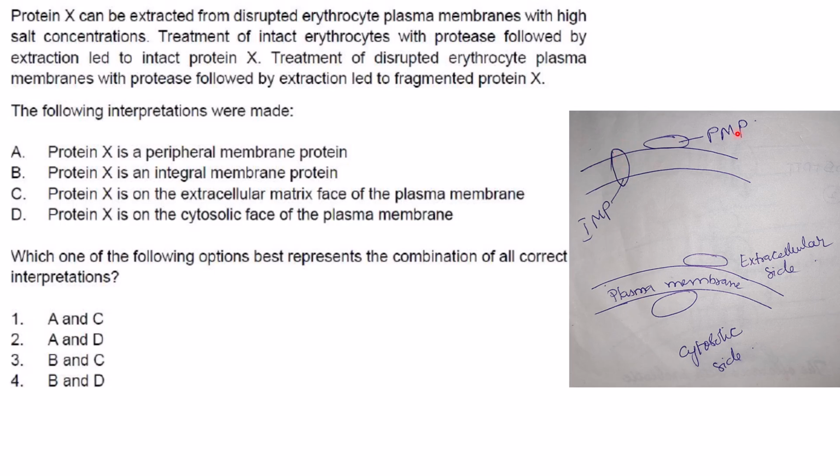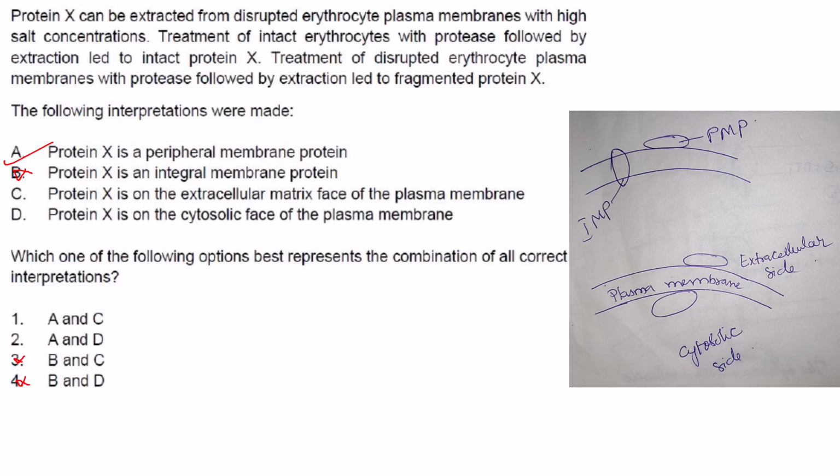So I told you peripheral membrane protein is isolated with high salt concentration. So A is the correct answer and not B. Okay, then you have to see C and D. So out of these, 3 gone, 4 gone, you have to see 1 and 2. Now B is wrong. Okay, now C.